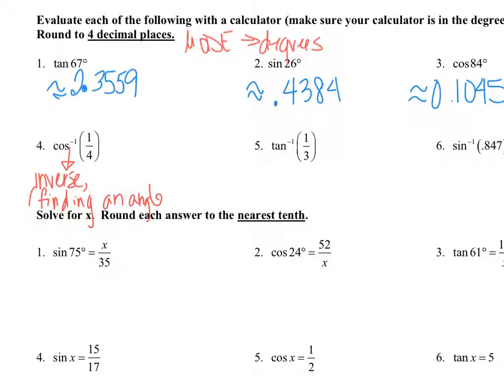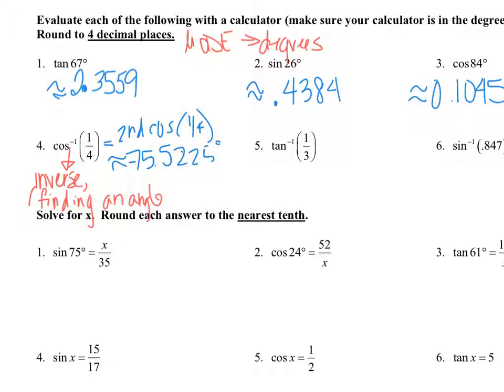How you do that is you hit second and then the trig function. So for this example, I would do second cosine of 1/4, and you would get approximately 75.5225.